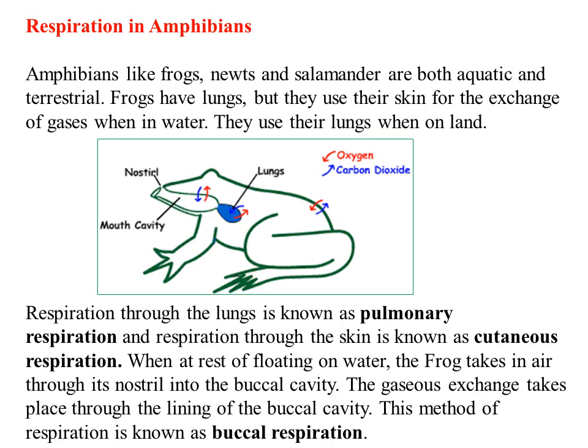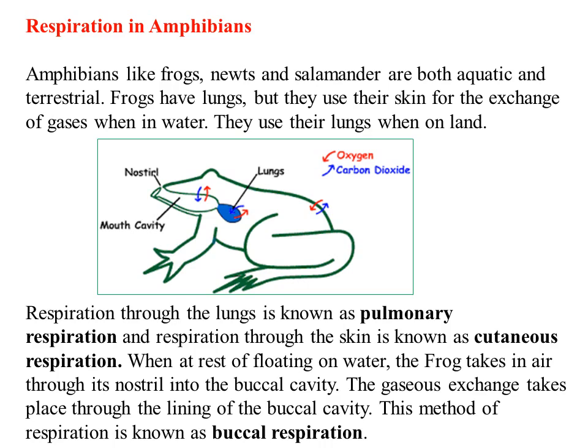Okay. Now, respiration in amphibians. Amphibians like frogs, newt, and salamander are both aquatic and terrestrial. Aquatic means the animals who are living in water.